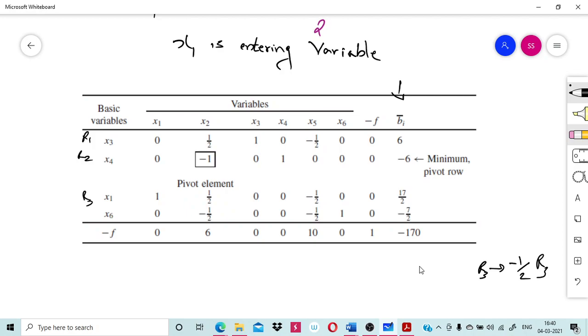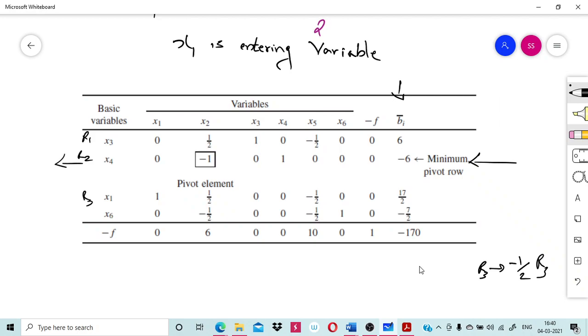So that happens to be -6, the minimum pivot row. You have to take it as the minimum pivot row. That row corresponds to this x4 basic variable. So x4 is this basic variable set.